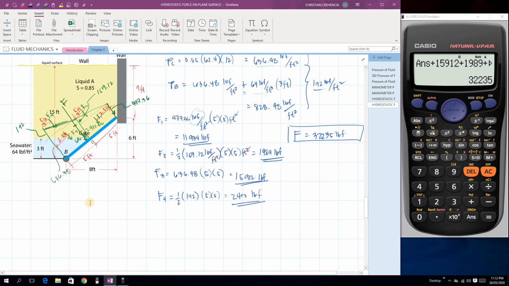Or pwede tayo mag-moment about, kasi yung kinukuha natin is E. So, pwedeng E, pwede naman distance from B. Siguro, para mas madali, from B na lang. Okay. So, kukunin natin yung distance. Let's say that is X bar. Kasi ang Y bar natin dito sa kabilang side.